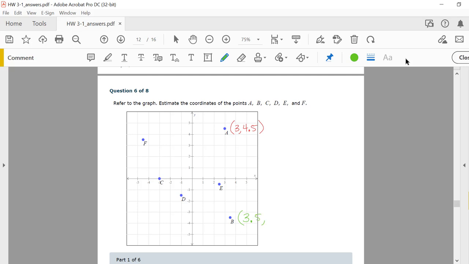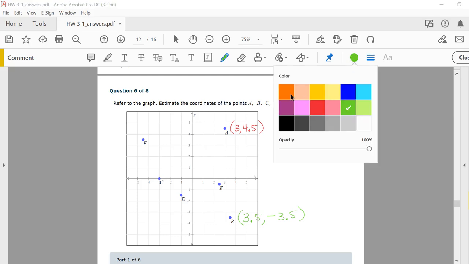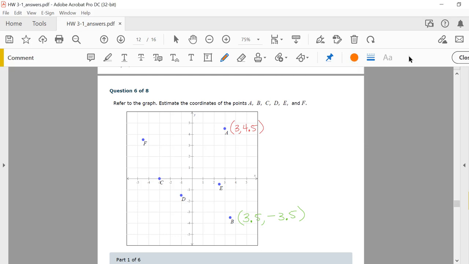So right 3.5, down, so -3.5. For C, I need to start at the origin. I need to go left 3, so x is negative 3, comma, y is 0 because it's on the axis. To get to D, I need to go left, so negative 1, comma, negative 1.5.